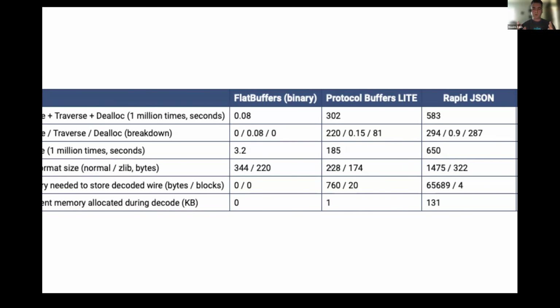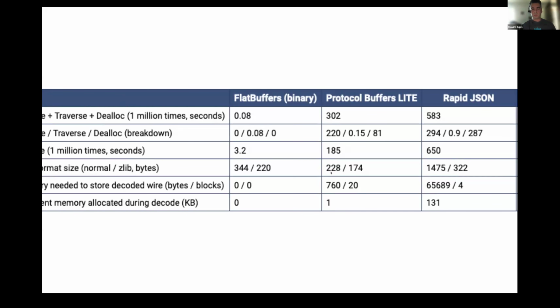In protocol buffers, if you have an object graph which you want to serialize, it also encodes things and does some bit packing techniques, whereas in flat buffers everything is aligned, so we don't need to decode.